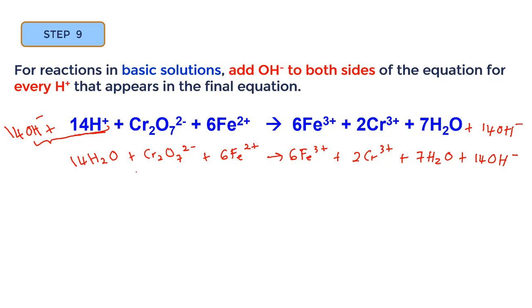Okay, so in this equation, we have 14 mole of water at the left side and 7 mole of water at the right side.